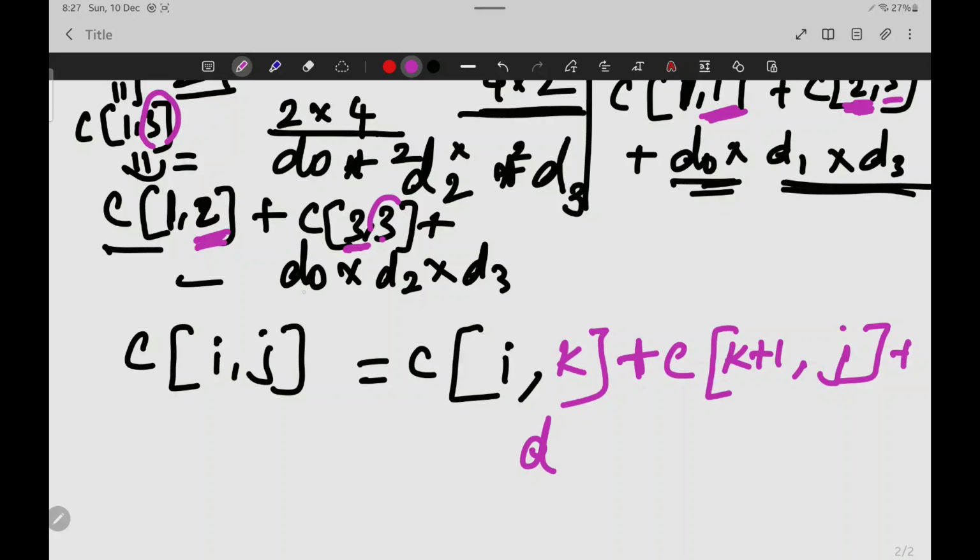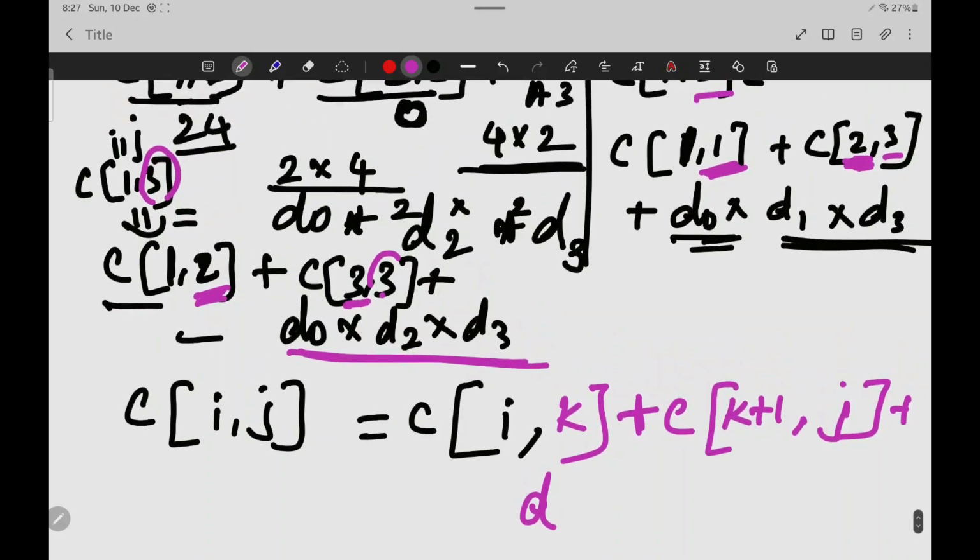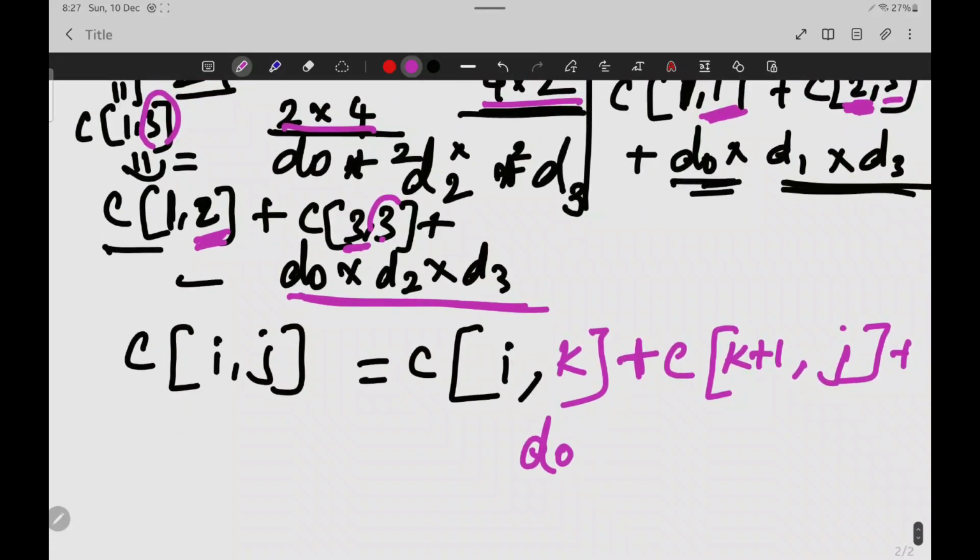Plus, already we know this combination 2, 4, 2 is D0, D2, D3. In general we can represent this as D of i minus 1 into D of k into D of j.